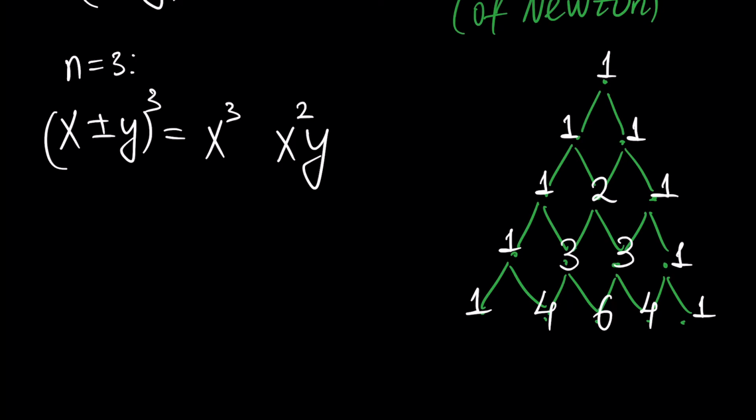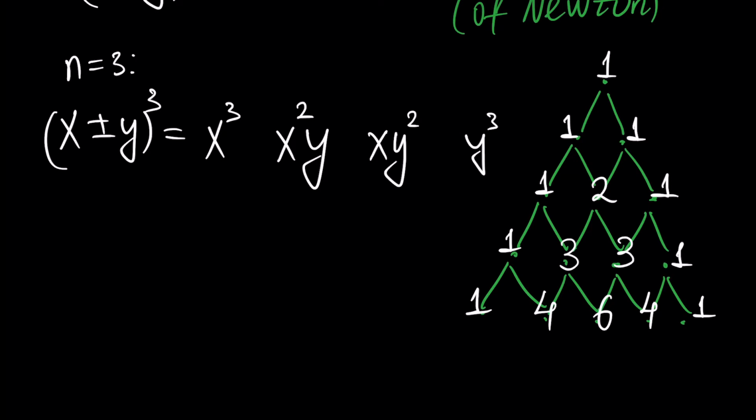Next member is x with less power, just x, and y with power 2. And next, here we have y to the power 3, and here we had x to the power 0, but we do not write it.